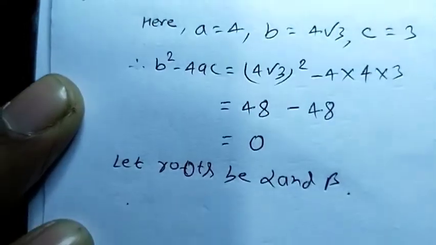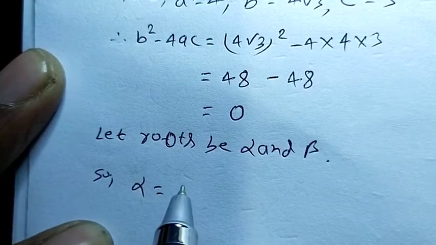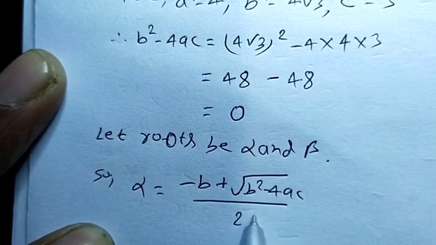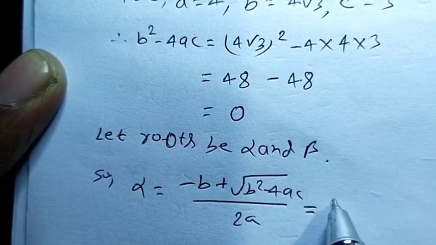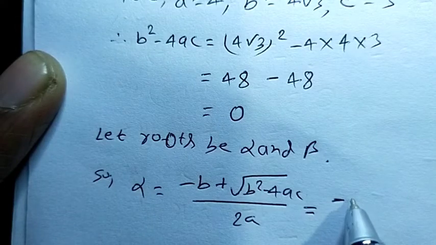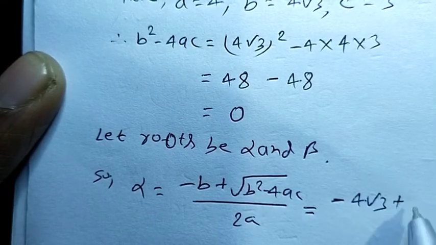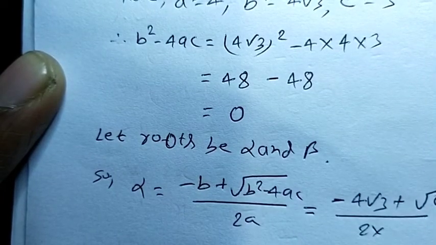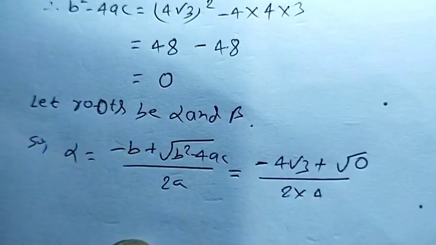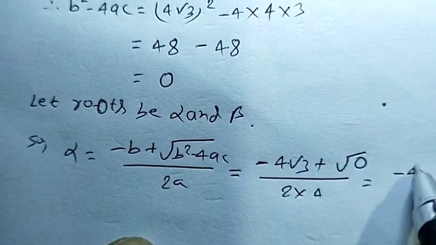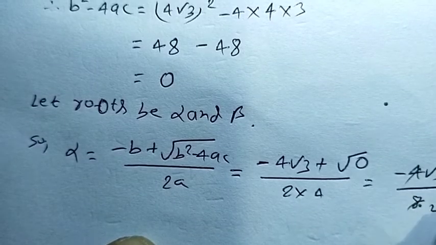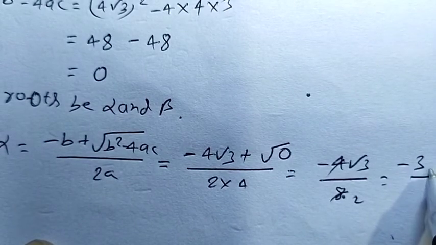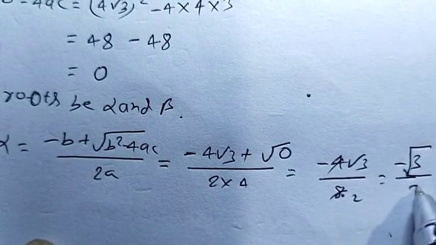So alpha is equal to minus b plus root under b square minus 4ac by 2a, equal to minus 4 root 3 plus root under 0 by 2 into 4, is equal to minus 4 root 3 by 8, that is minus root 3 by 2.